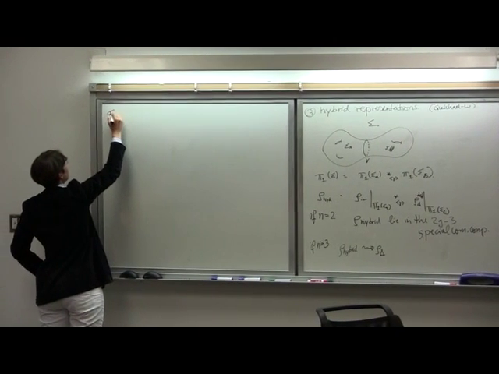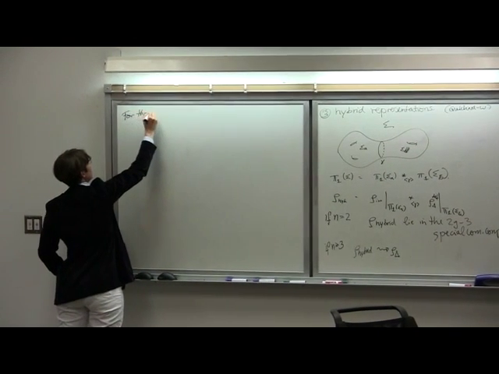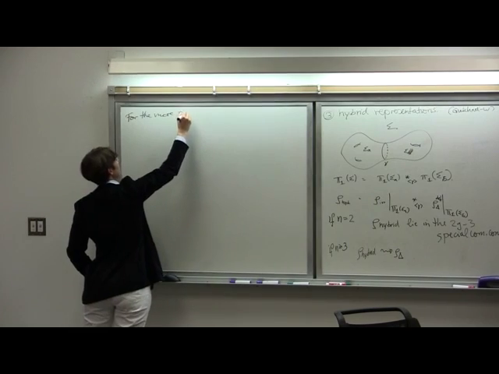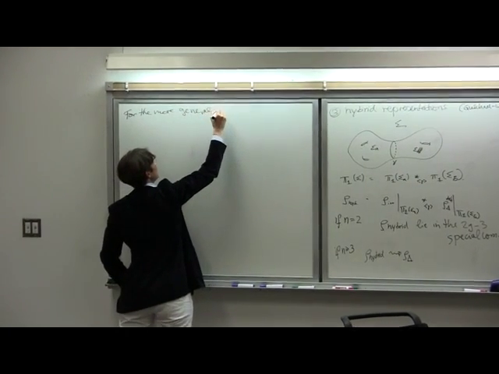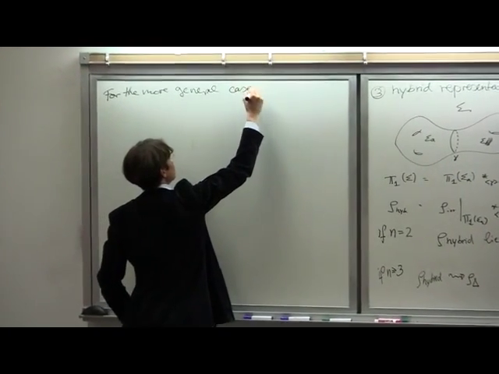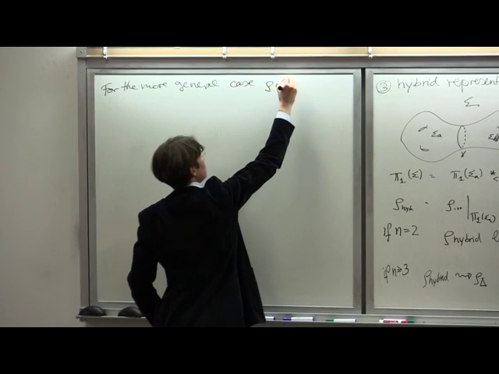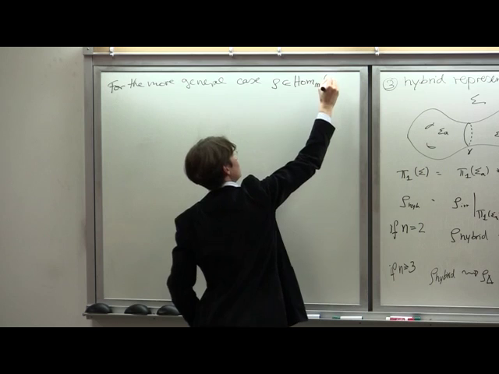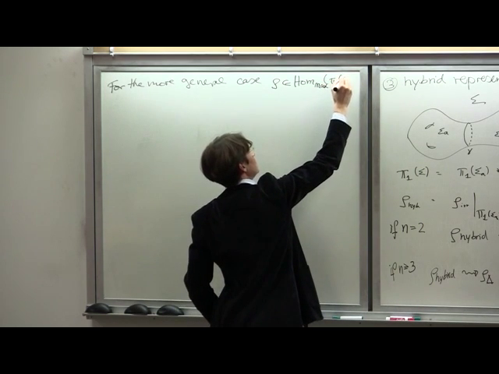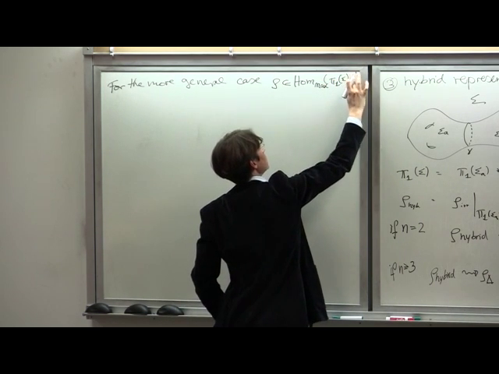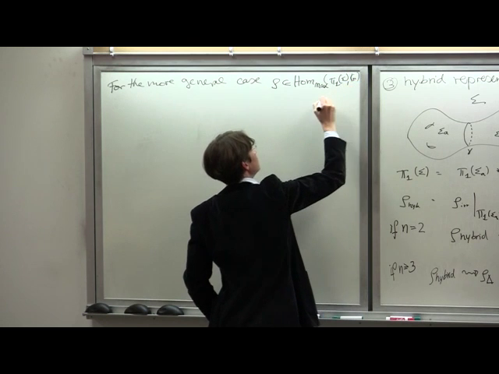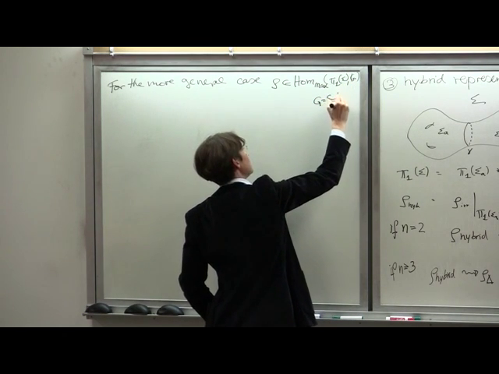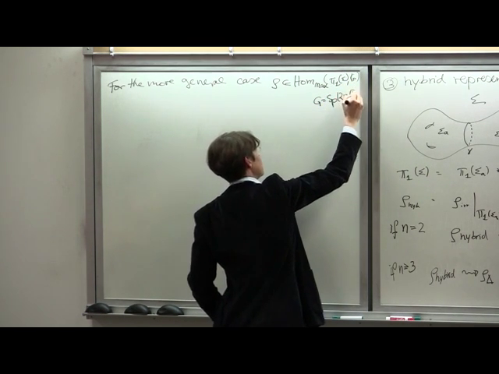Okay, for the more general situation, where rho is not necessarily in the Hitchin component, but any maximal representation in the symplectic group G, so G the symplectic group SP2NR.